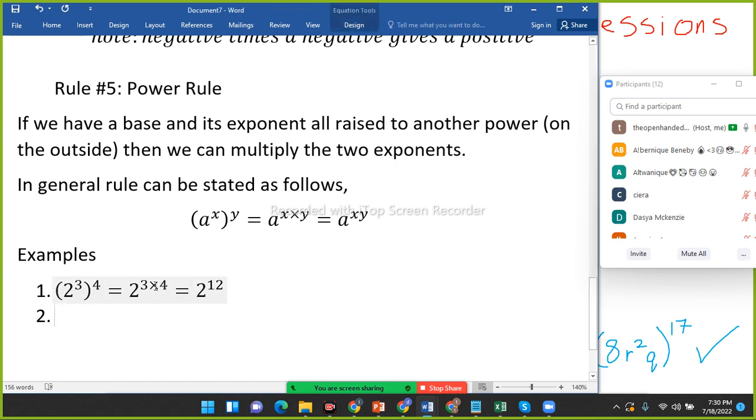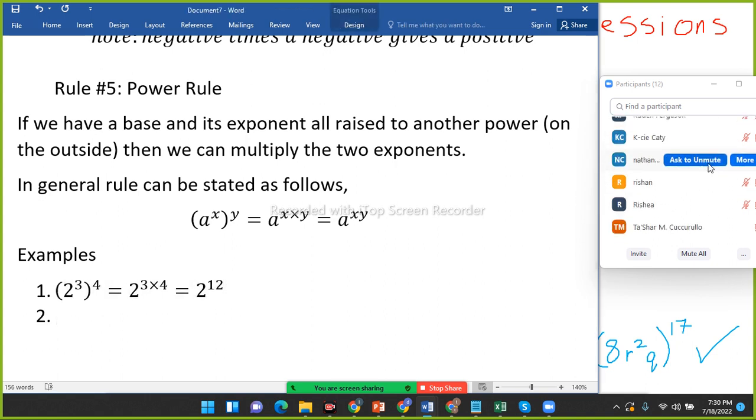I'm going to ask Albernic to help me with this next one. Albernic, let's try number 2 together. Say, for example, we have 3 to the power of 4 times 2.